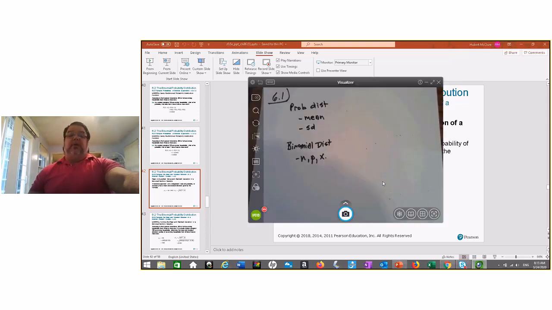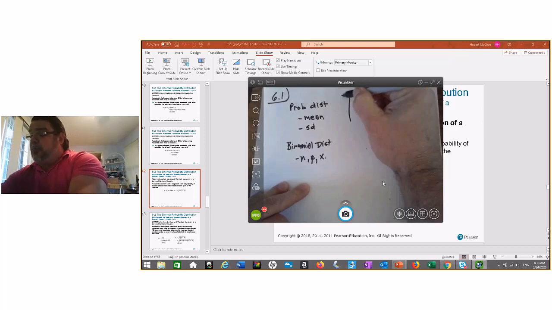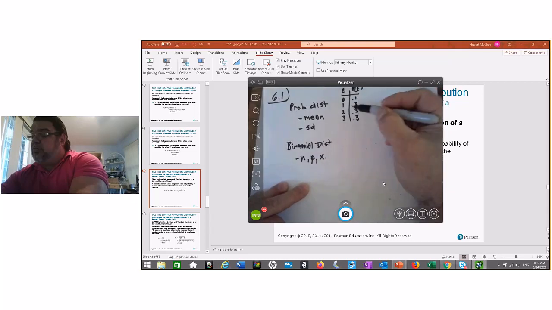Here with a probability distribution is the event and the probability of the event. Remember 0, 1, 2, 3, 0.1, 0.3, 0.3, and this would be 0.3. And then you find the mean and the standard deviation of that.